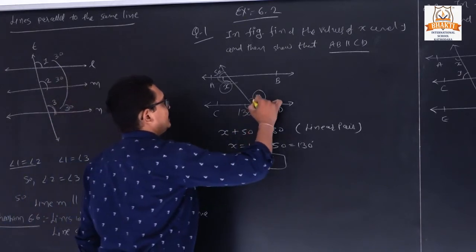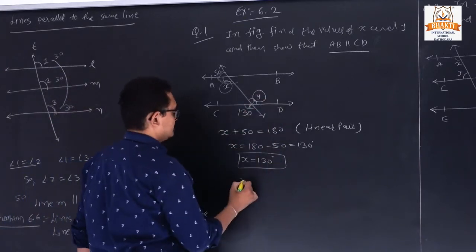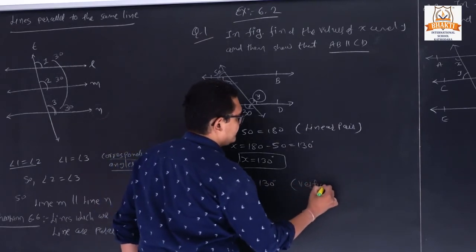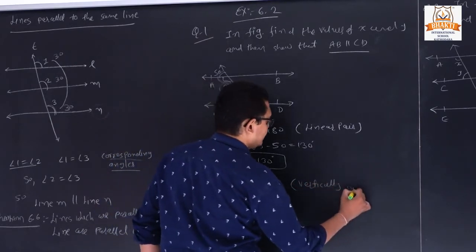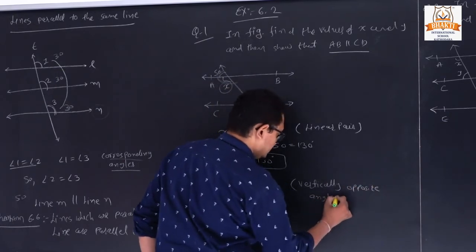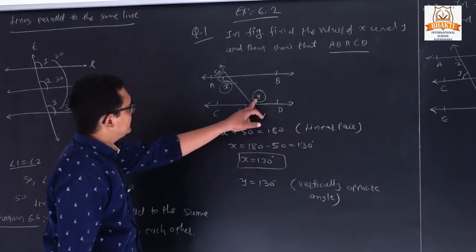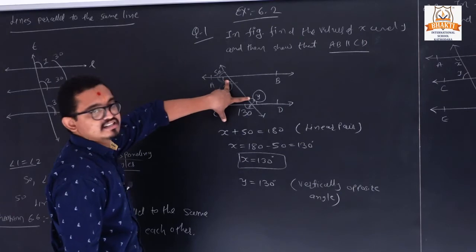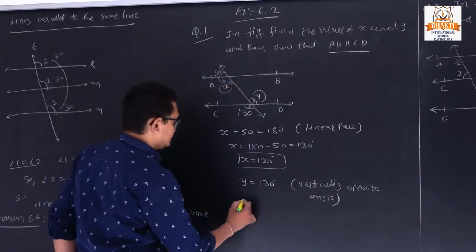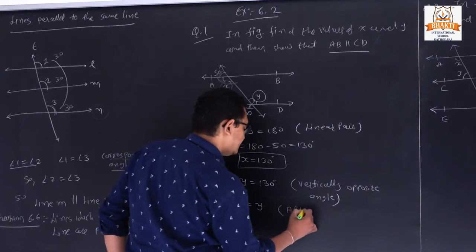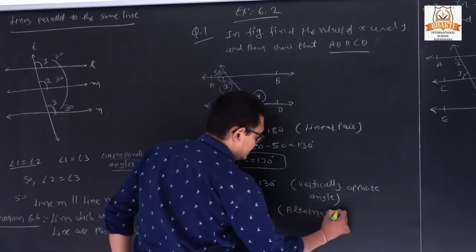These both are vertically opposite angles, so y is equal to 130 (vertically opposite angles). So this is 130 and this is also 130. So the alternate interior angles are the same. x is equal to y (alternate interior angles).